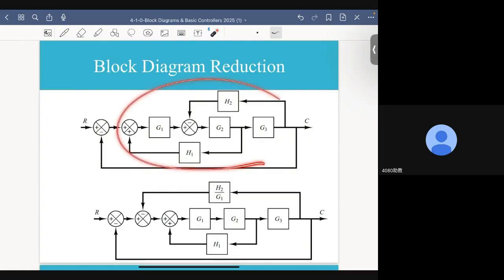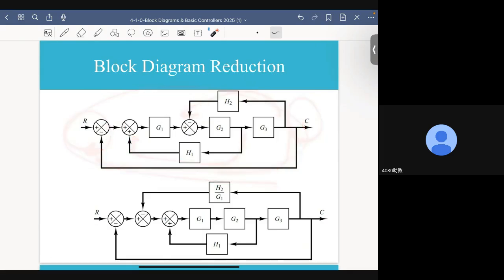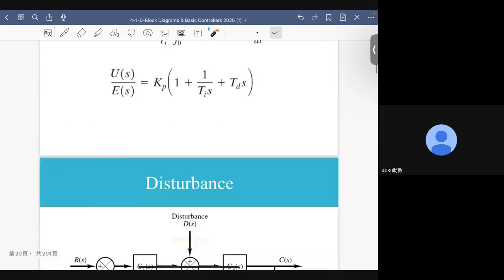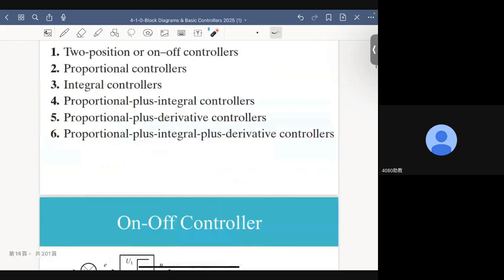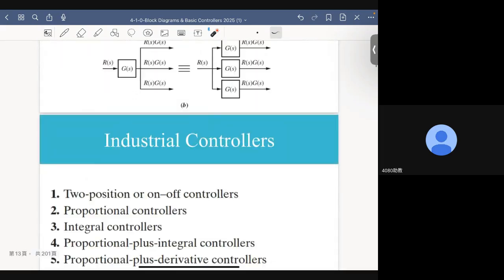And no matter how complex it is, I still need to determine the overall transfer function of this closed-loop feedback system, which involves 3 different feedback paths. So how do we do that? Using the technique which we call pickoff points, all right?